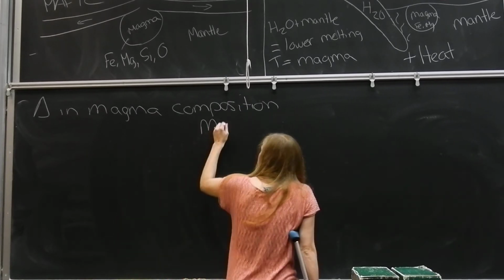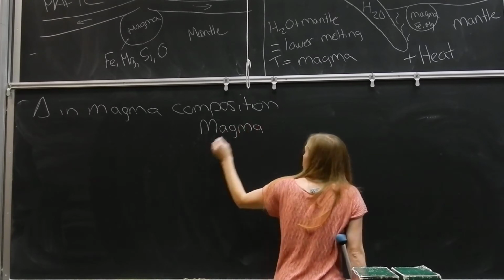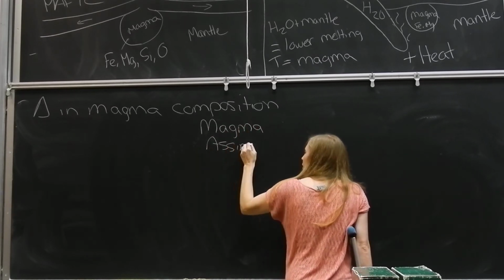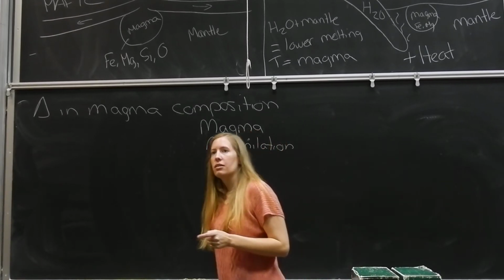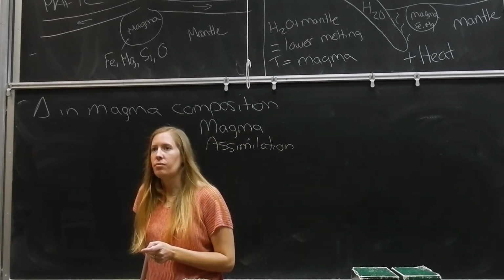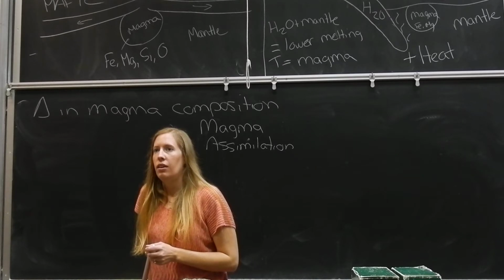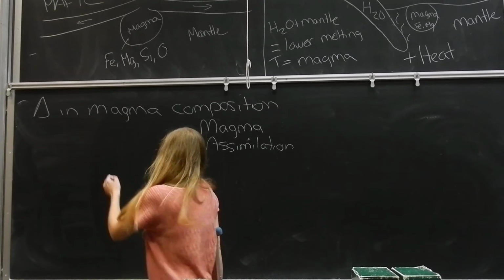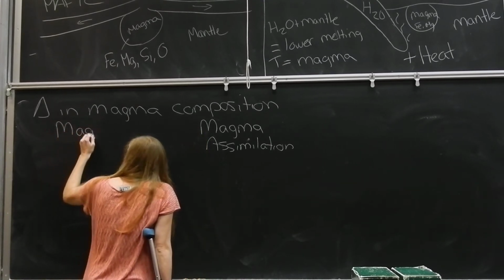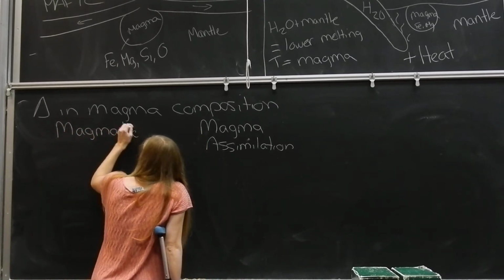Yeah, so that's our magma assimilation. Yeah. So when the magma cools in temperature, more mafic components cool at a higher temperature. Yes. So that is our magma, or magmatic differentiation.